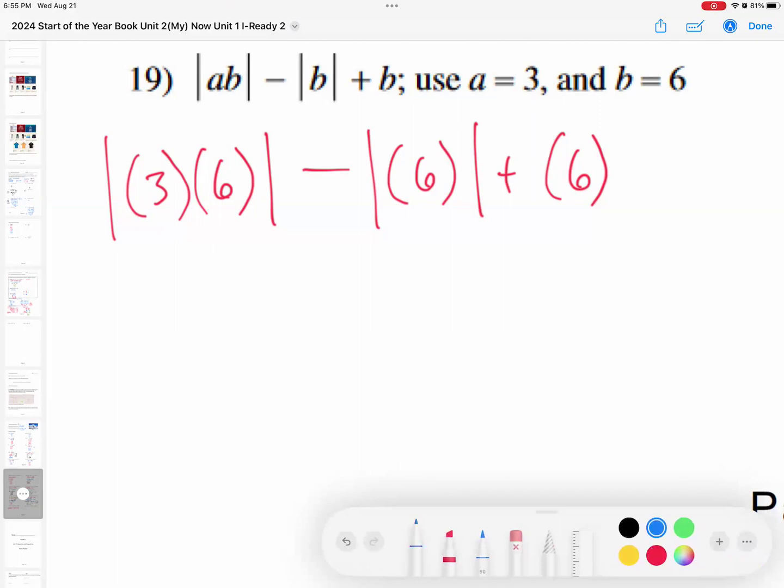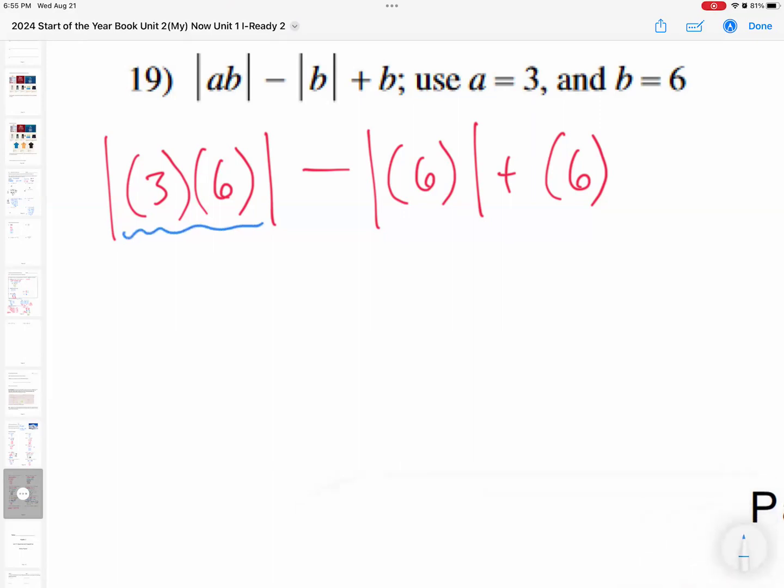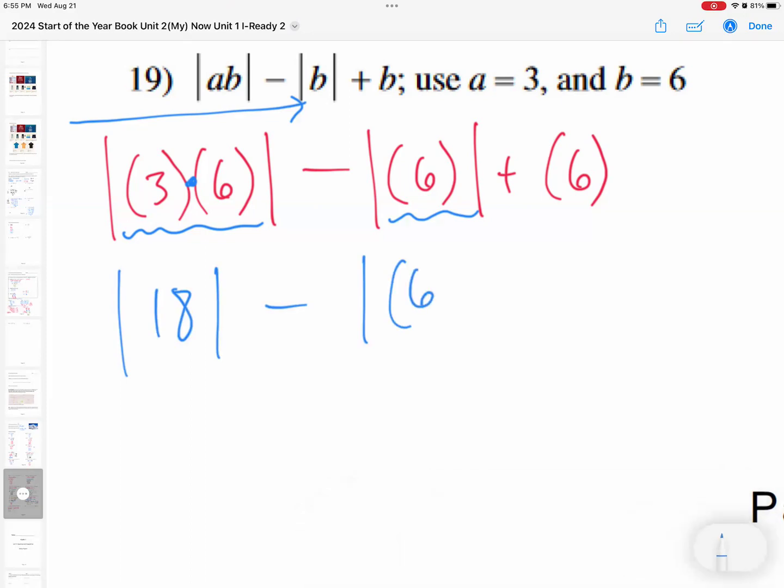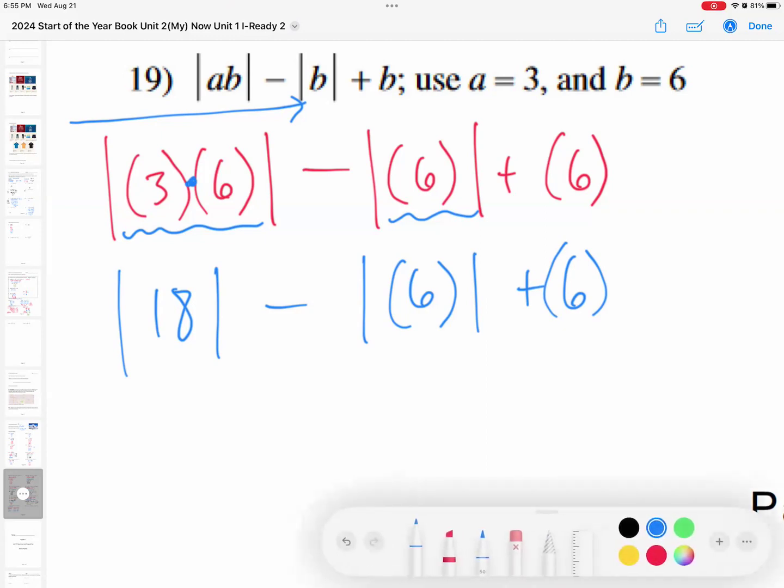Now, with our innermost grouping, we see a multiplication inside of that grouping of the absolute values. That takes precedence over this one, especially because we work from left to right. So when we do that, we end up with 18 in the absolute value. And then absolute value of 18 is just 18.